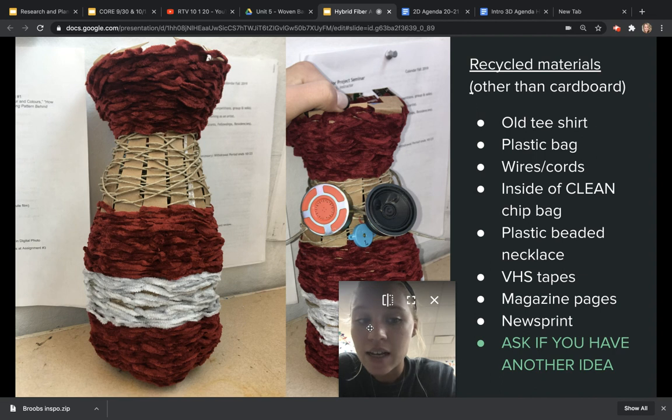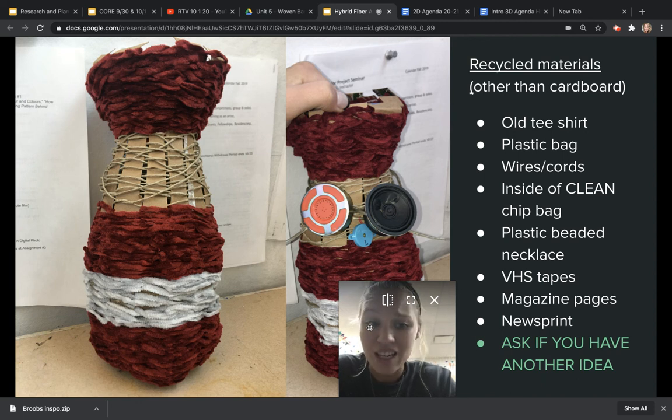The inside of a clean chip bag, meaning you have to clean it before you bring it in. Plastic beaded necklaces are another really cool one. Those can be just the beads that you get from a Party City, but they can also be the little things that you get when you're a kid, or McDonald's little things. Those can work.